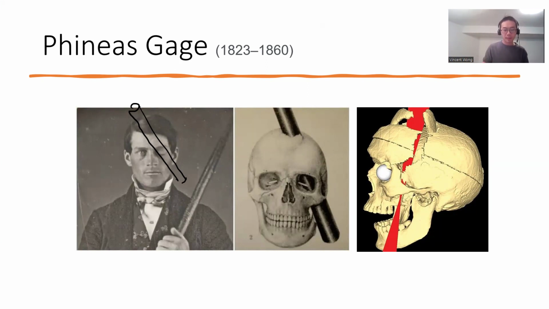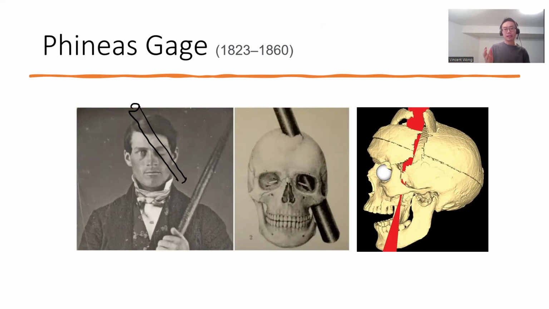But what's remarkable about this story is his personality completely changed after the accident. As you can see in this picture, the pipe actually damaged his frontal lobe. And that's how they eventually realized the frontal lobe, amongst other things, is responsible for personality.